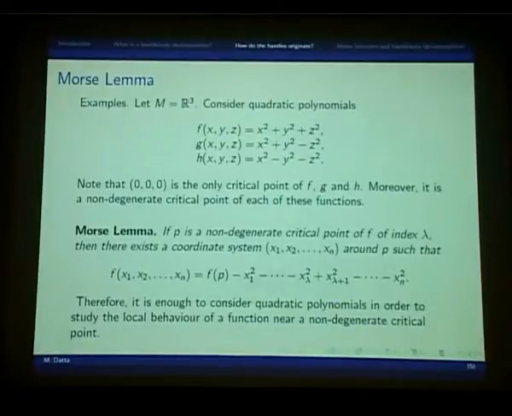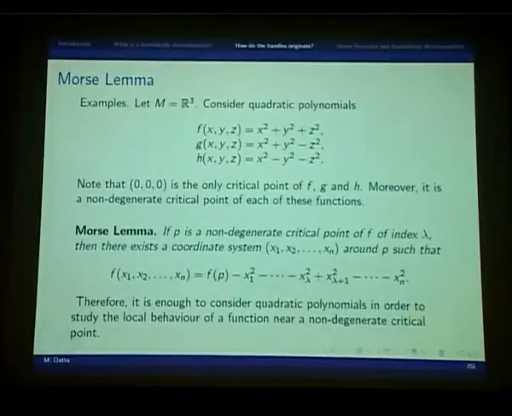Look at the Morse lemma. Morse lemma says the following: if P is a non-degenerate critical point of f of index lambda, that means its Hessian has lambda many negative eigenvalues, then there exists a coordinate system x1, x2, ..., xn around P such that f of x1, x2, ..., xn equals f of P minus x1 square minus x2 square ... minus x lambda square plus x lambda plus 1 square, and so on; the last term will be plus xn square.